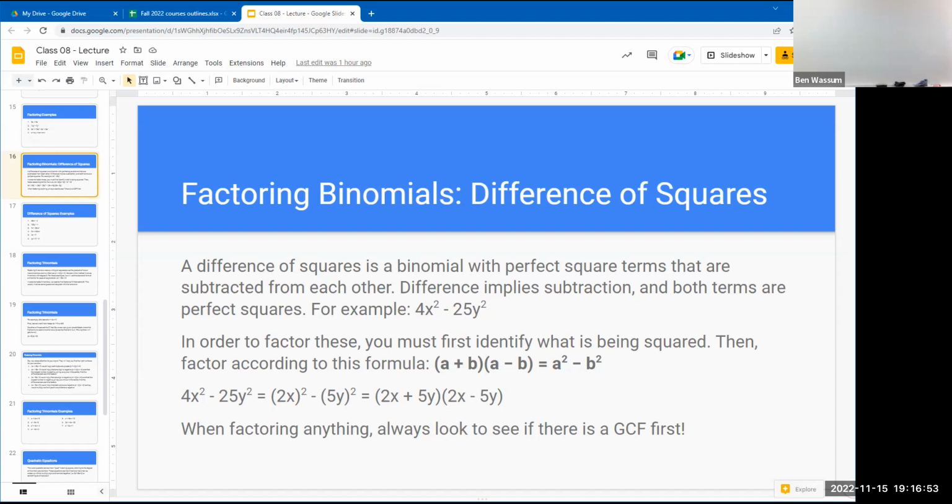So a difference of squares is a binomial that has perfect square terms subtracted from each other. For example, in this case, 4x squared minus 25y squared. Everything in there is a perfect square, right? So in order to factor them, you have to identify what's being squared and then factor according to the formula there.